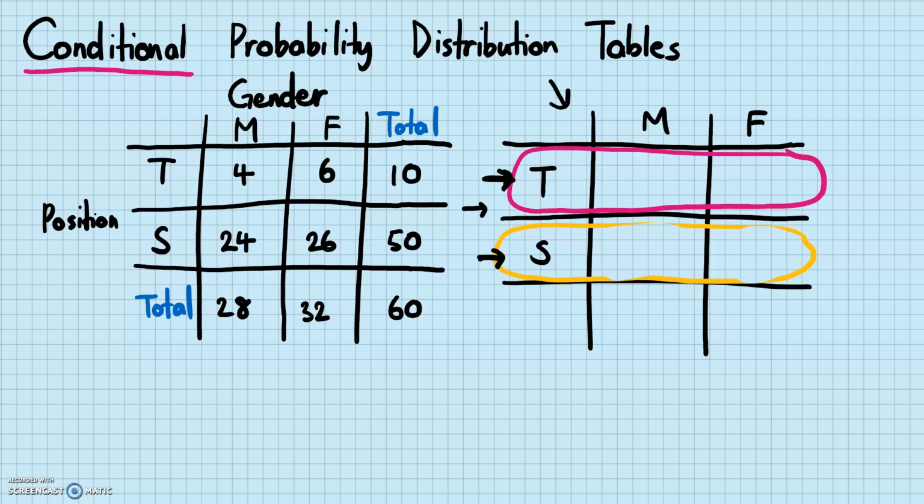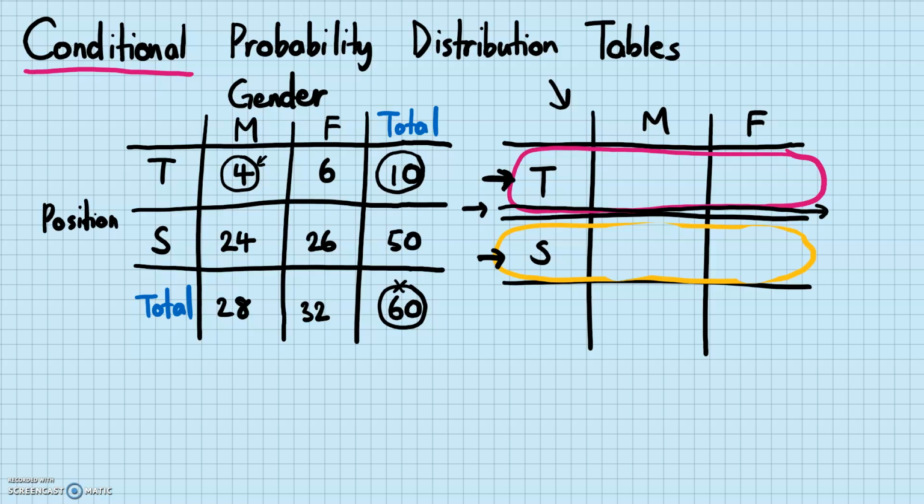To do it with rows, instead of dividing the frequency by the grand total, you divide the frequency by the marginal frequency here. Because we're looking at this row right here, we are just dividing this data by the total of that row only.